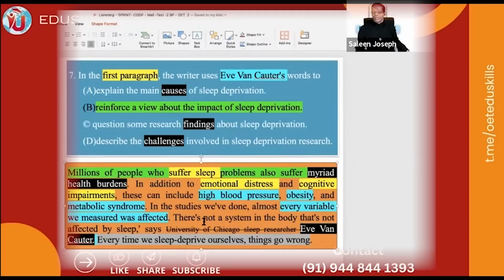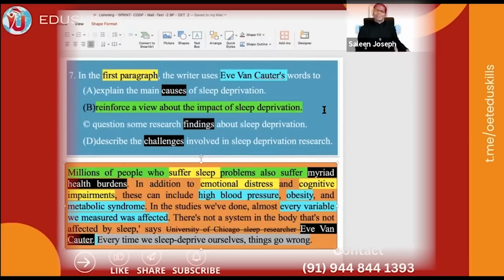There is not a system in the body that is not affected by sleep, which means every system in the body is affected by sleep. It reinforces the point about the impact of sleep deprivation. Reinforcing means giving evidence or illustrating. A developing sentence is an illustration of the topic sentence.